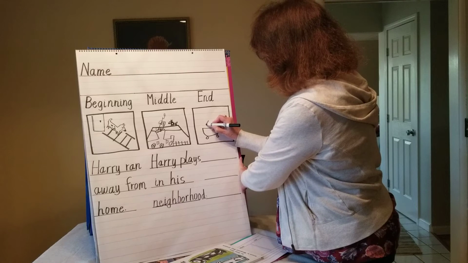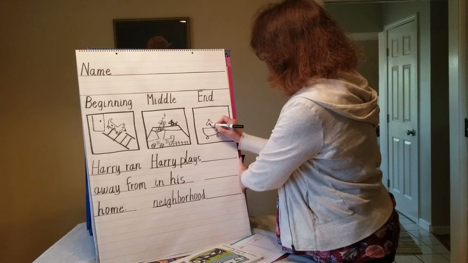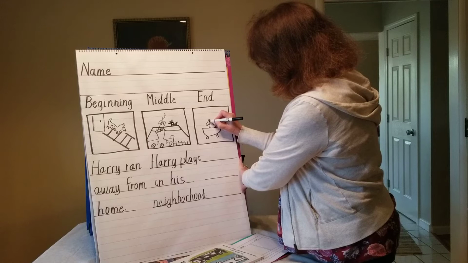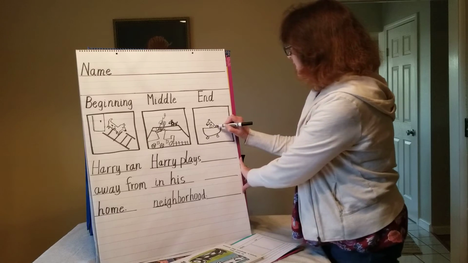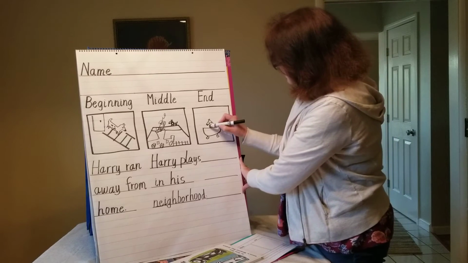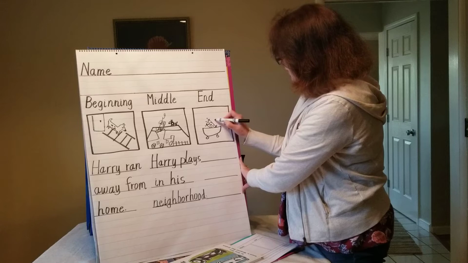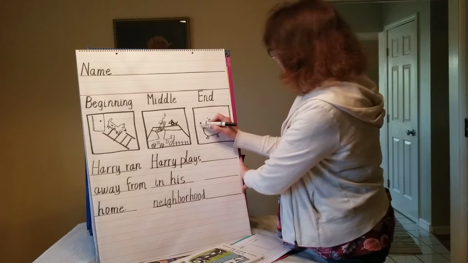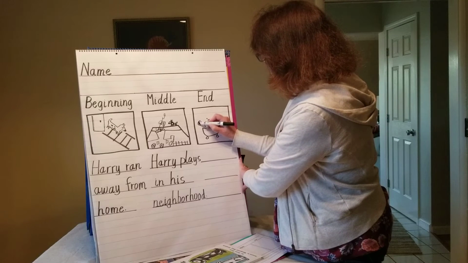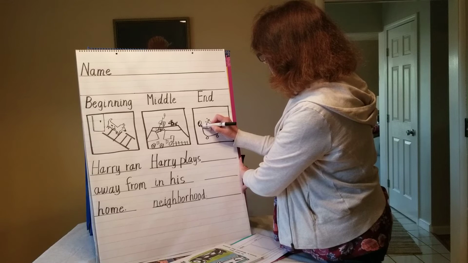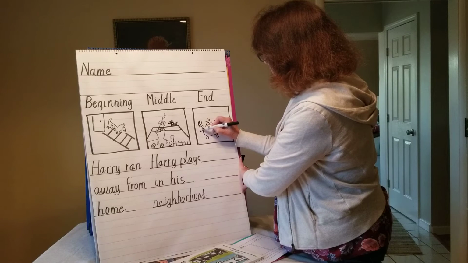And here's Harry in the bathtub. Looks like a giraffe, but that's okay. Mrs. G does her best. Here he is in the bathtub, and there's got some soap bubbles coming up, maybe. And we've got the little girl over here.